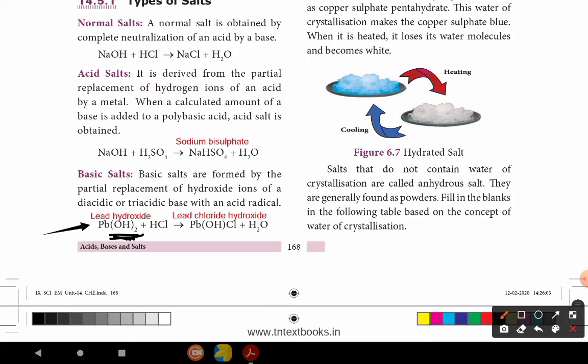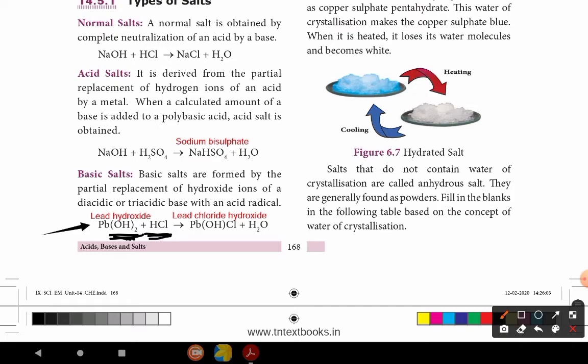Basic salts are formed by the partial replacement of hydroxide ions of a diacidic or triacidic base with an acid radical. என்ன நடக்குதுன்னா இங்கே acid. What's the name of the acid, children?